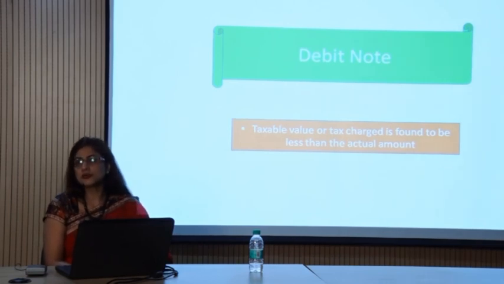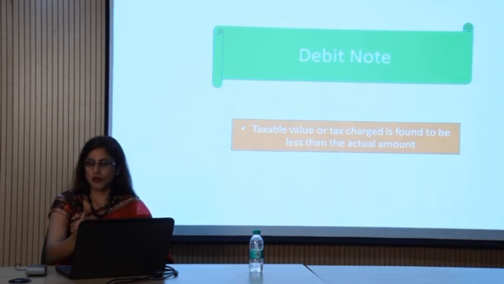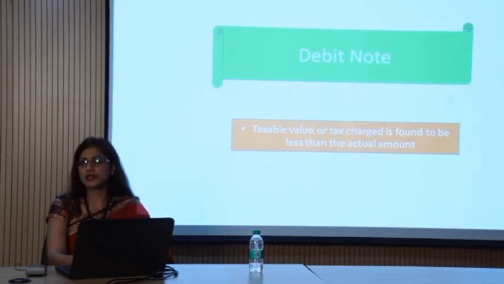So who is supposed to pay the exact amount? Payment is actually done by the recipient, but collected by the supplier and deposited by the supplier in the government exchequer. This is the process of indirect taxation.